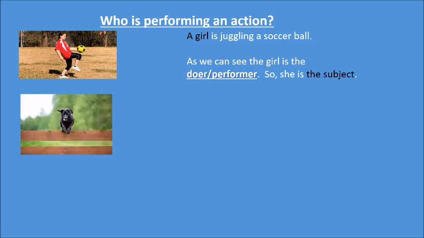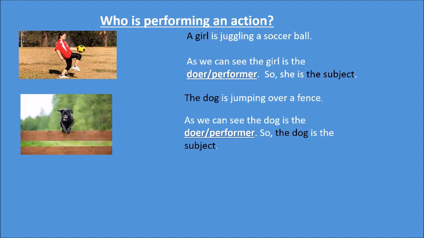Now let's take a look at the second picture, which shows the dog which is jumping over a fence. So as we can see, the dog is the doer or performer. The dog is jumping over a fence. The dog is the performer in this case. So the dog is the subject.